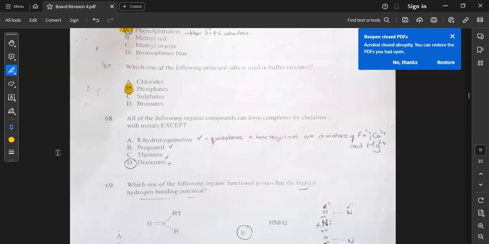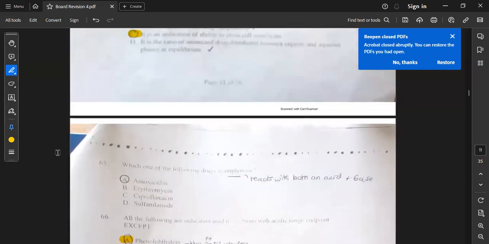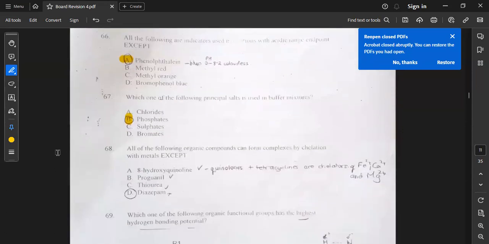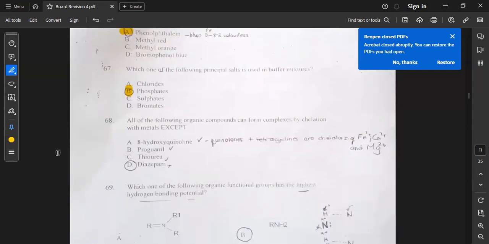Okay, so this is the phosphate buffer system, which is the most common, and it's in the ECF and the blood and the plasma. The phosphate buffer system is just in the ECF, and then there is the protein buffer system, which is the most abundant in the ECF and the plasma.